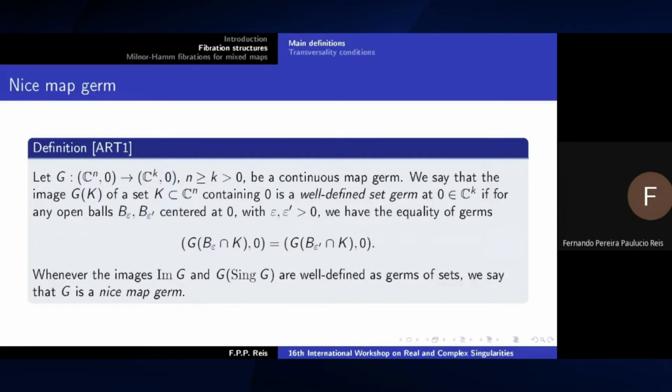Whenever the image of g and g of the singular set of g are well defined as germs of sets, we say that g is a nice map germ. Therefore, in this work, all the maps considered are nice map germs.